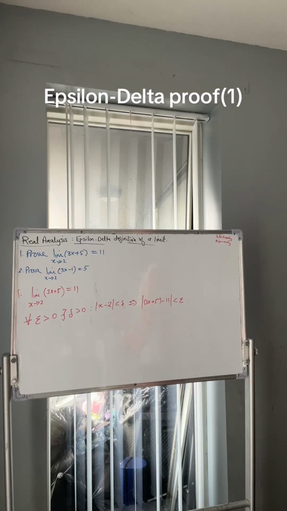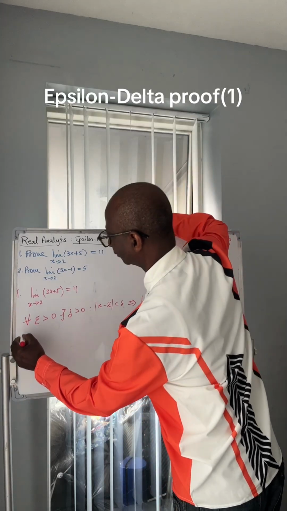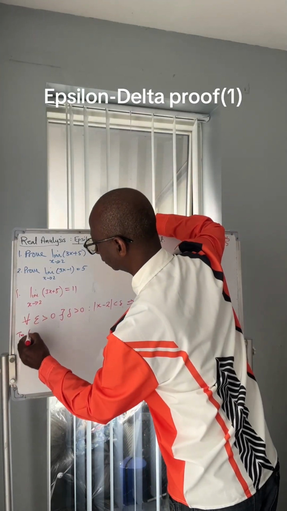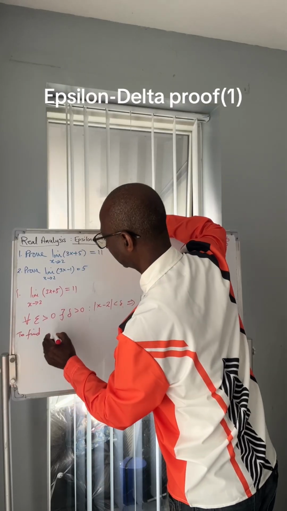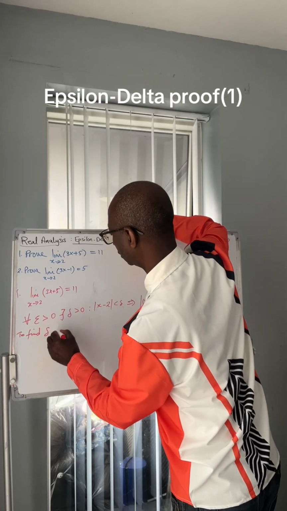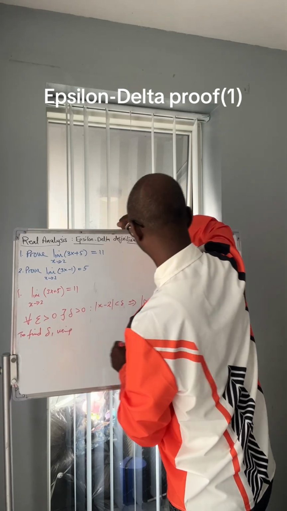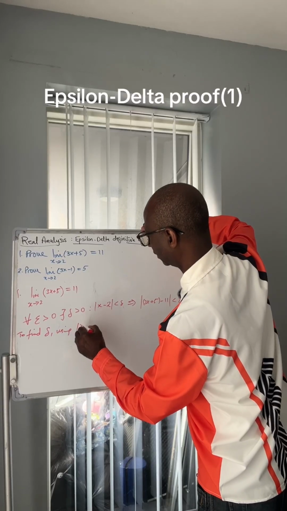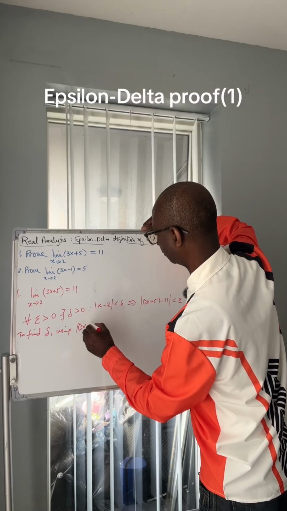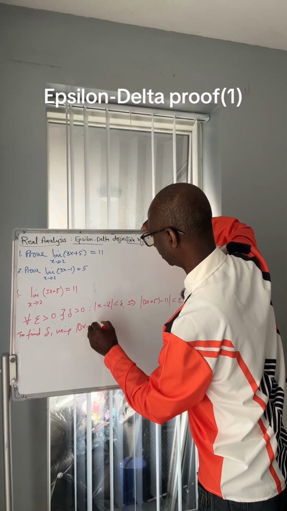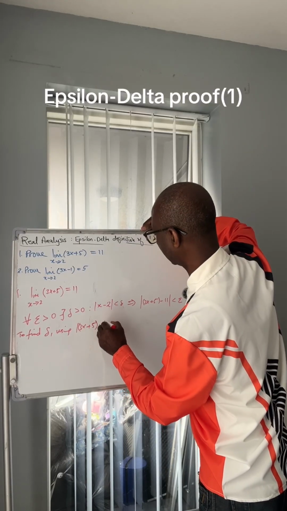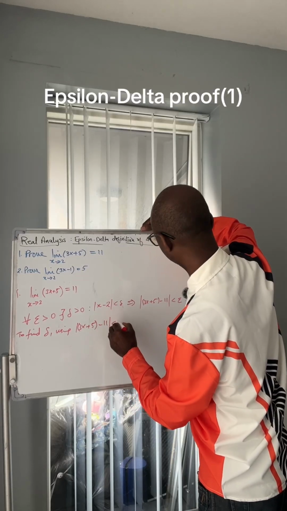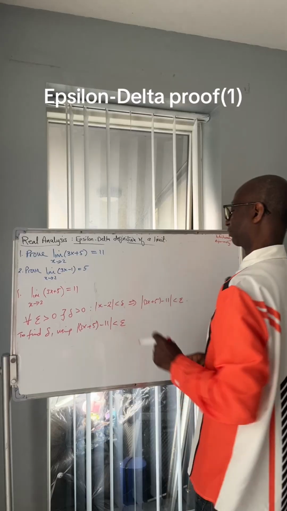So we want to find delta using what we are given, 3x plus 5 minus 11 less than epsilon.